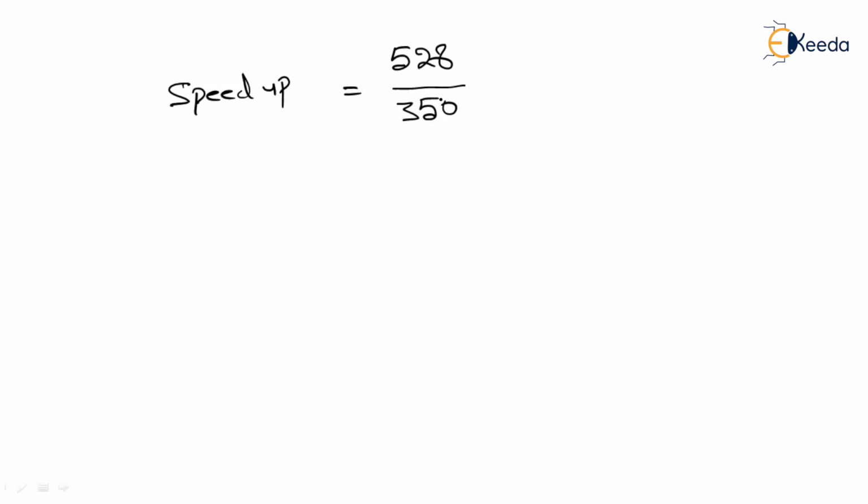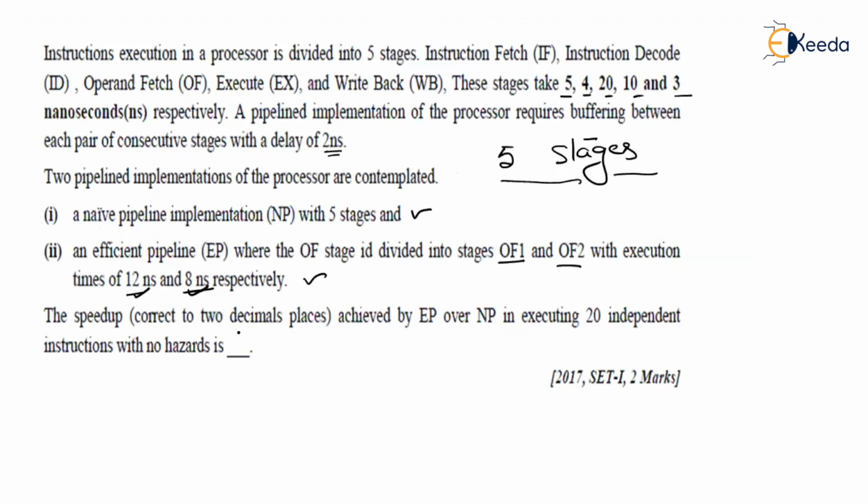So what is the answer for this? 528 by 350 is equal to 1.508. So this is the answer. The answer will be 1.508. This is the correct answer.